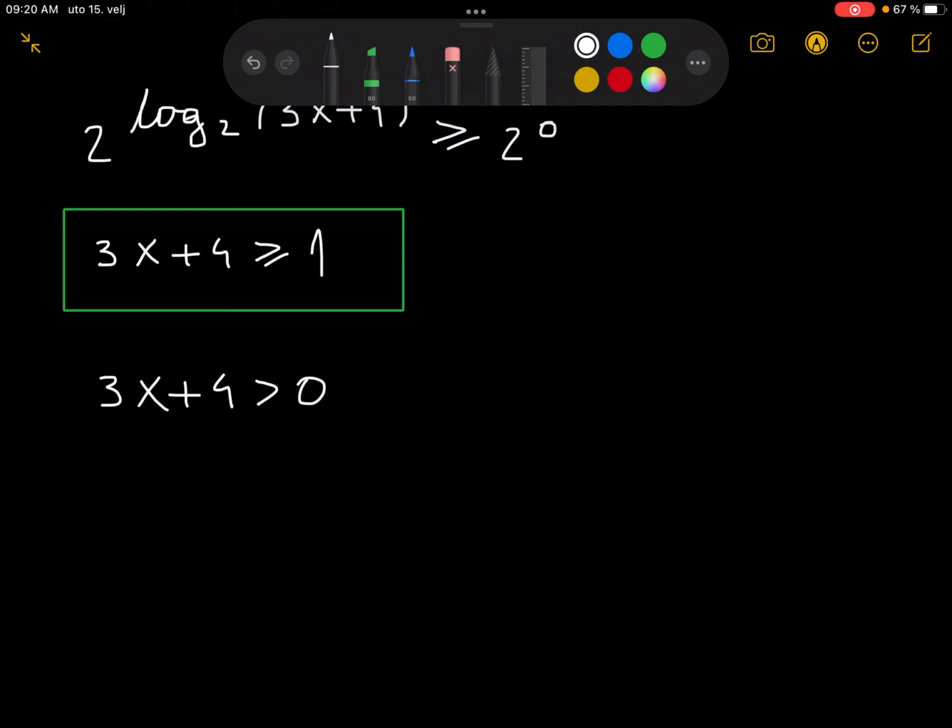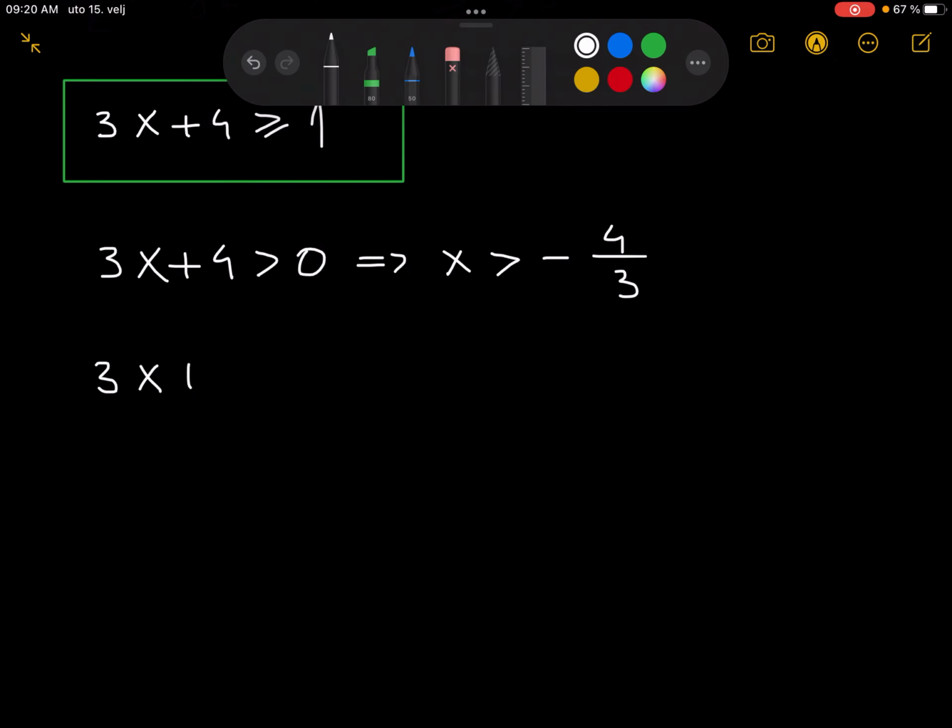That must mean that x is greater than negative 4 over 3, and from the second one, 3x plus 4 is greater than or equal to 1. So from here it follows that 3x is greater than or equal to negative 3. So from here it follows that x is greater than or equal to negative 1.